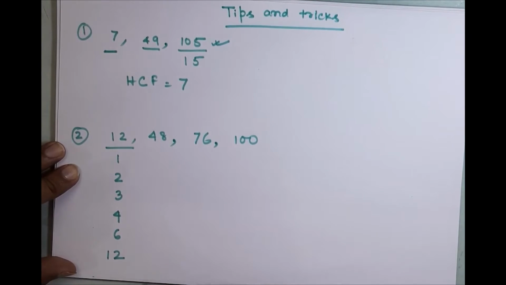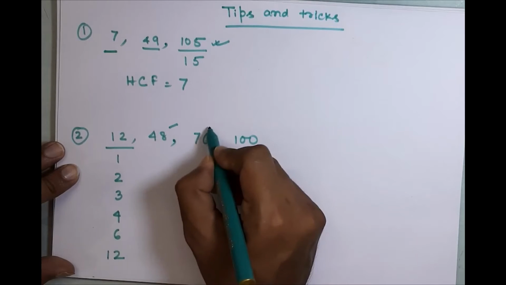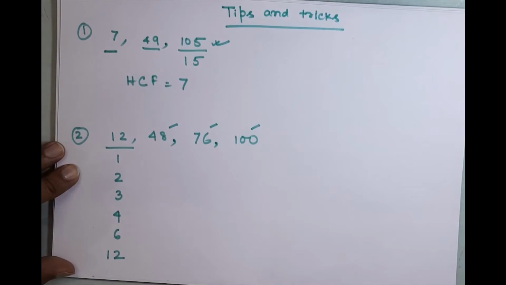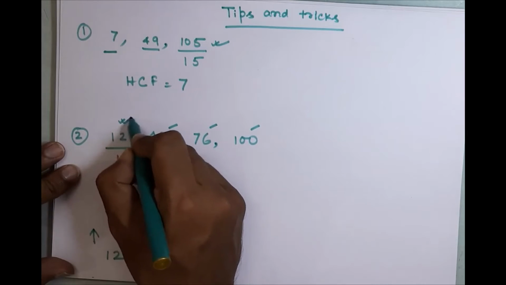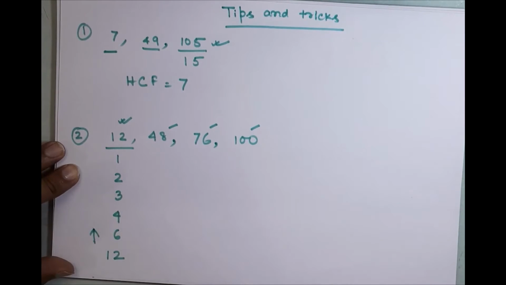Out of all these factors, we'll work on them one by one. We'll start with the biggest and then move towards the smaller factors of the smallest participating number for which we are identifying HCF.